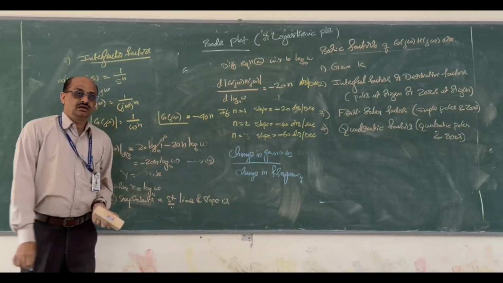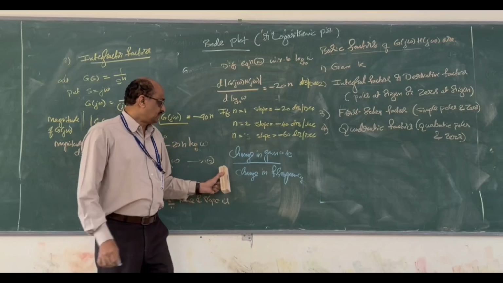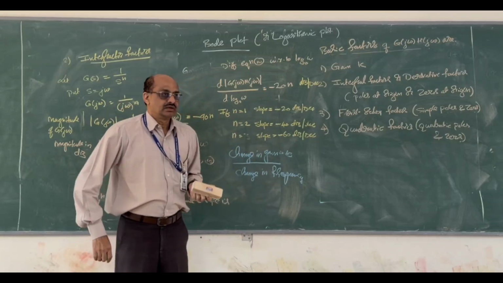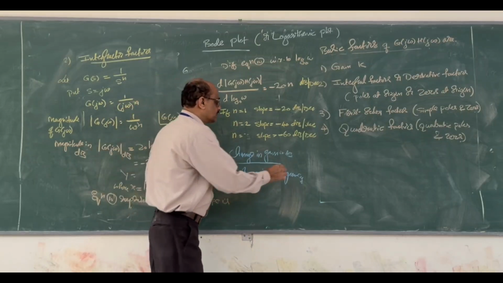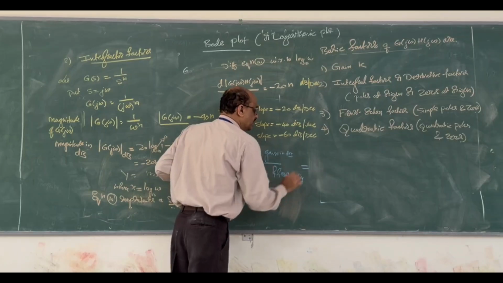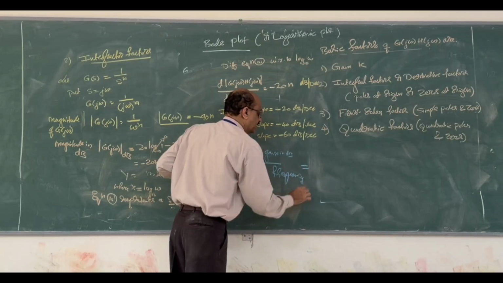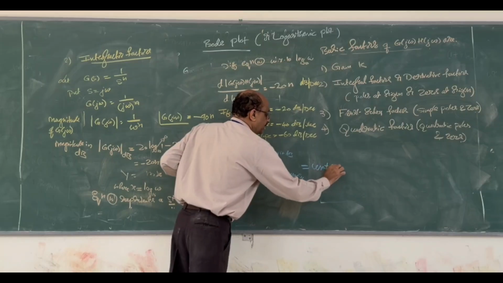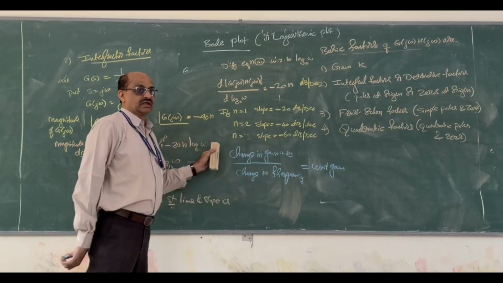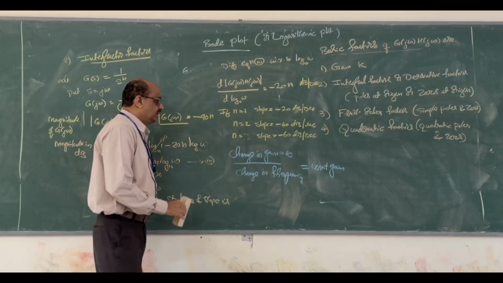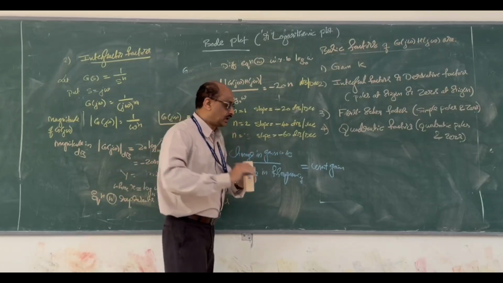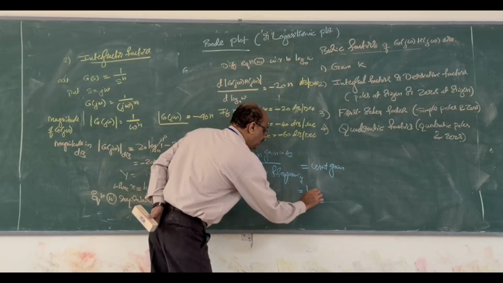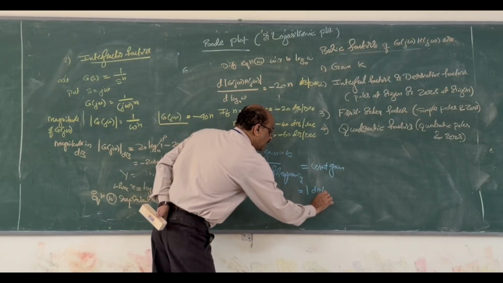Change in gain in dB by change in frequency. Suppose I call this unit gain, so 1 dB per decade. Unit gain means 1 dB per decade.